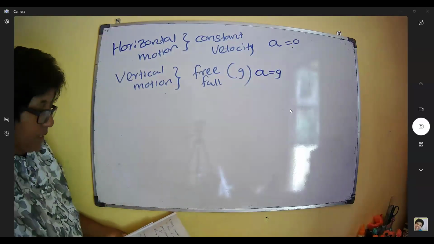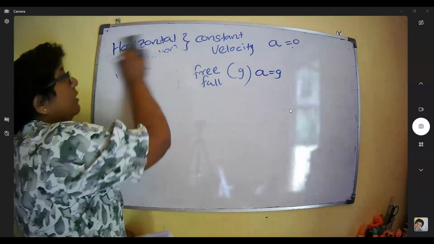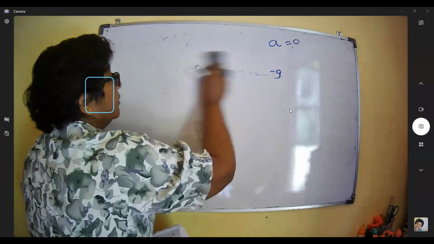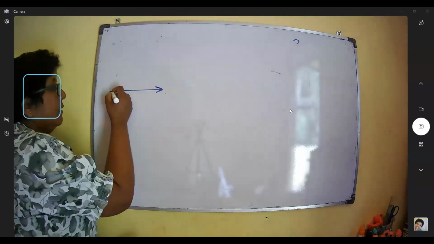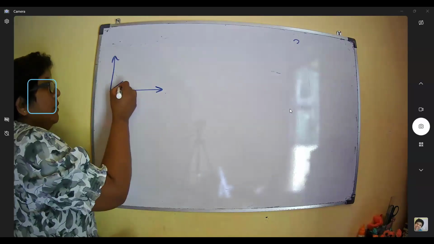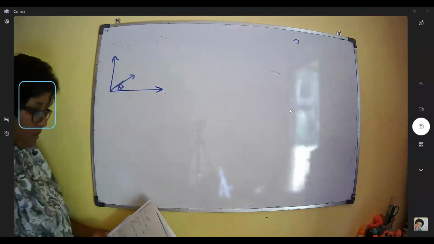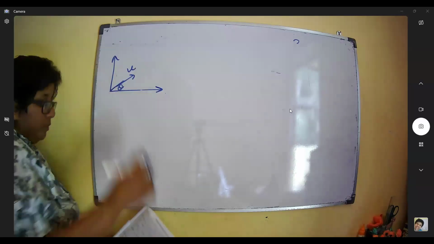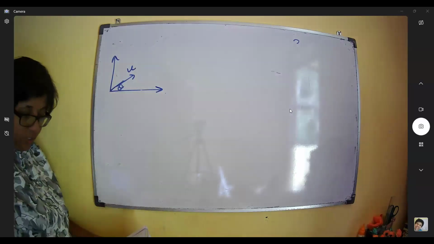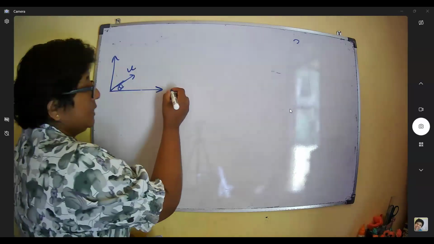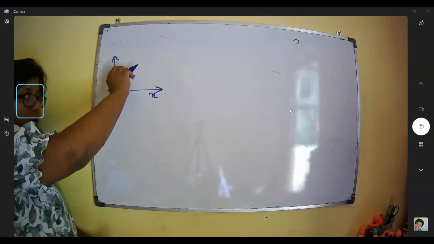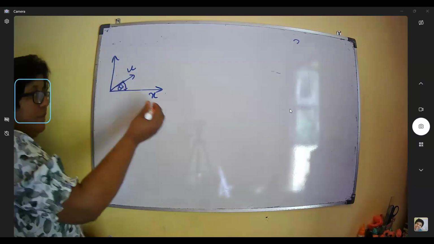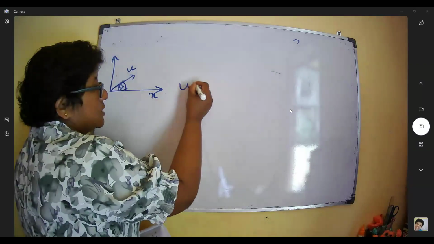If we throw an object at angle theta, with velocity u, then we can take two components. In the horizontal x direction, you know how to take the component: u cos theta. This is the angle, then we can write u cos theta.